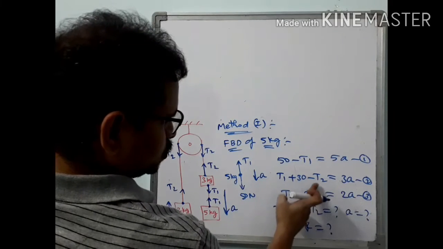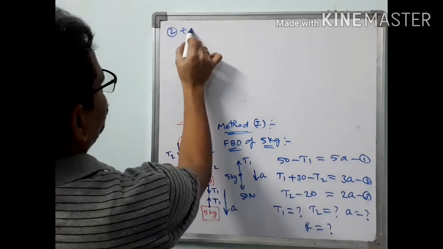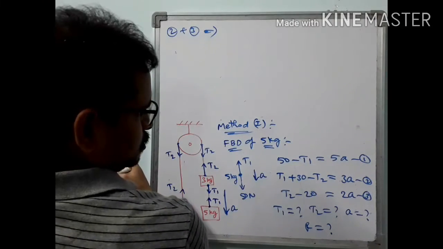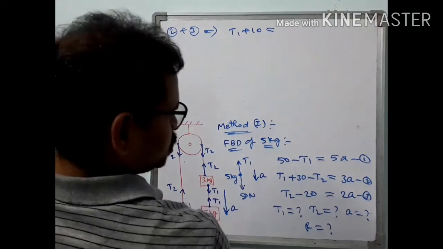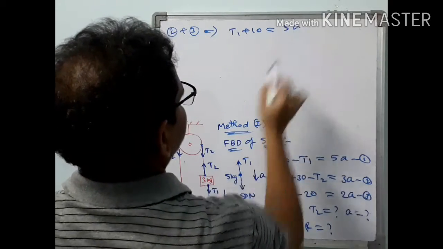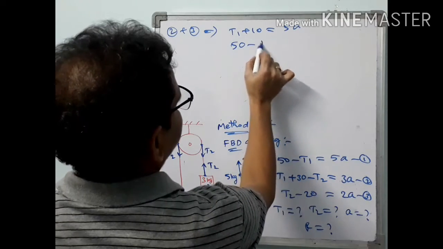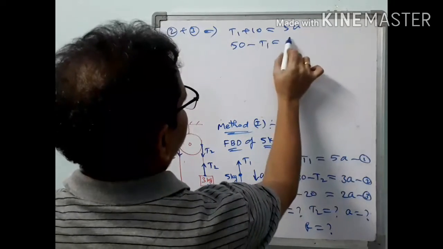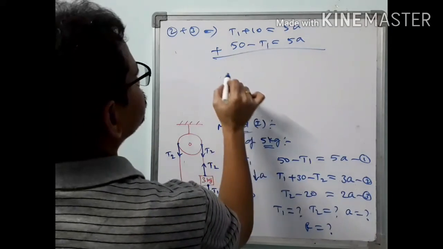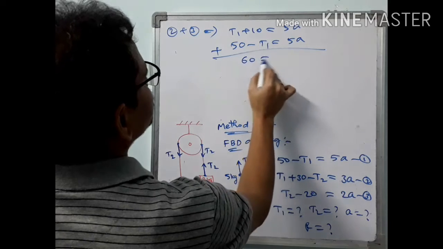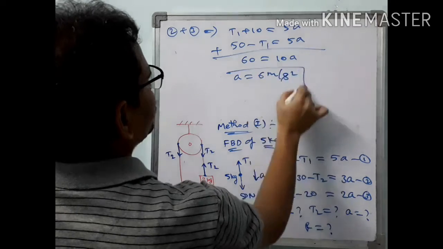Let us add these two so that we can vanish T2, and later we can tackle 1 and 2. 2 plus 3 implies T1 plus 10 equal to 5A. Equation 1 is 50 minus T1 equal to 5A. Adding these two, 60 equal to 10A, A equal to 6 meter per second square.